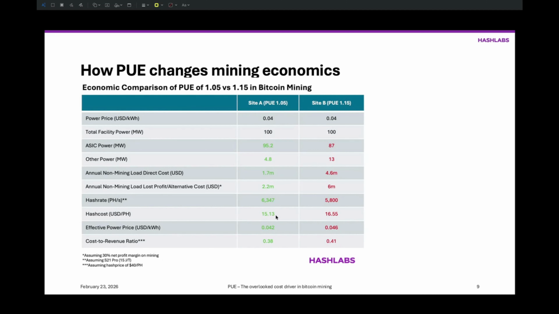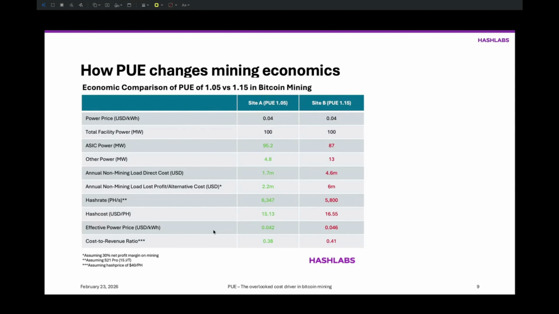The hash cost also, because all the cost required to run 100 megawatts of power needs to be included in the hash cost calculation. And we see that site A has a lower hash cost than site B, and that means site A is more sustainable long term. It has a little bit more room to withstand bear market environments than site B. Not much, but a little bit.